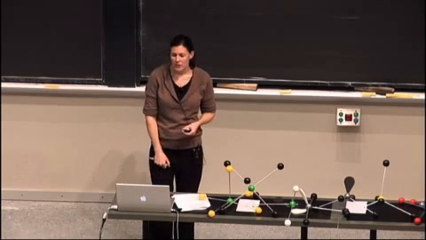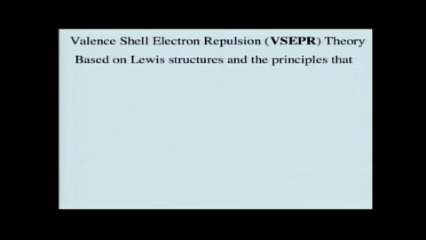So what we're going to use to think about molecular shape or molecular geometry is what's called valence shell electron repulsion, or VSEPR theory. And this theory is very convenient for us to be thinking about because we are now masters of drawing Lewis structures. VSEPR theory is based on Lewis structures, and also the principle that when we have valence electron pairs, they're going to repel each other.